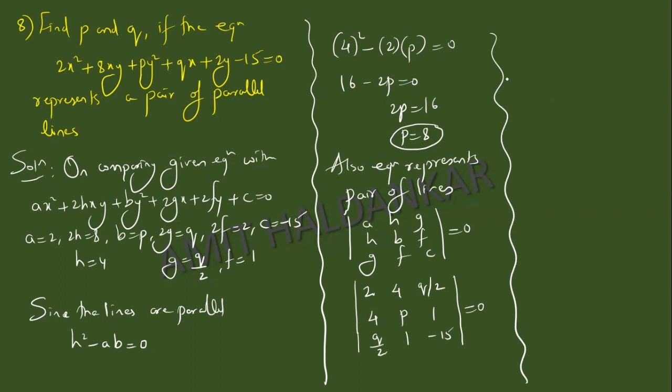Now, if this value is 0, I can clearly see over here that is 2 into minus 15p minus 1, minus 4 into 15 fours are 60, that is minus 60 minus q by 2 plus q by 2 into 4 minus pq by 2 is equal to 0. Now we can substitute the value of p over there.